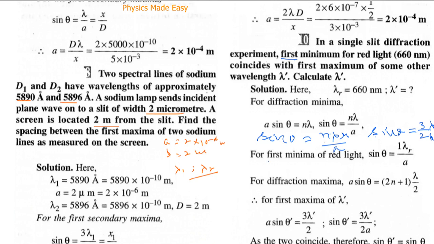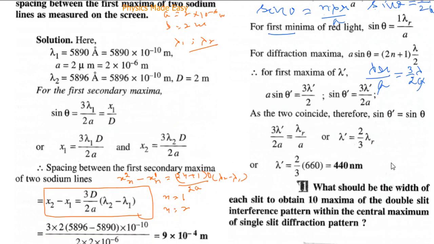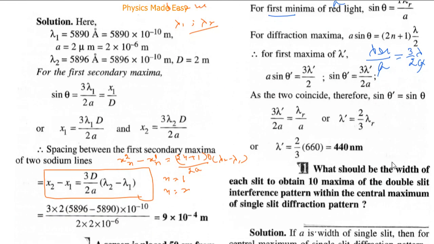Quite easy. First minima for red color is lambda R by a. And first maxima for another wavelength is 3 by 2 lambda divided by a. So 2/3 of this you can find out. This is 440.